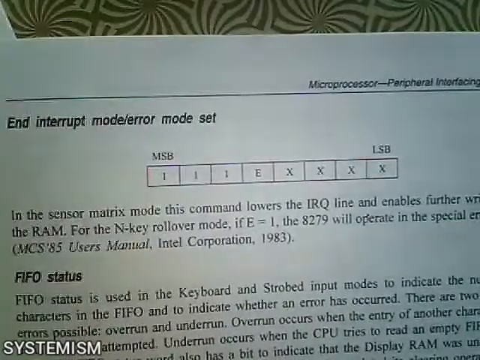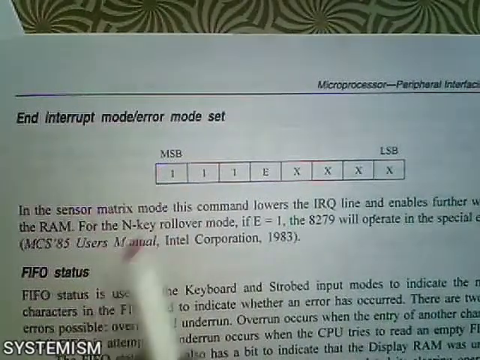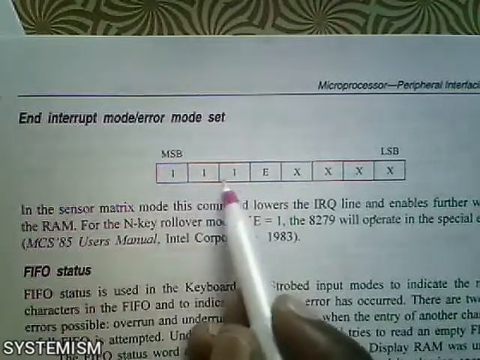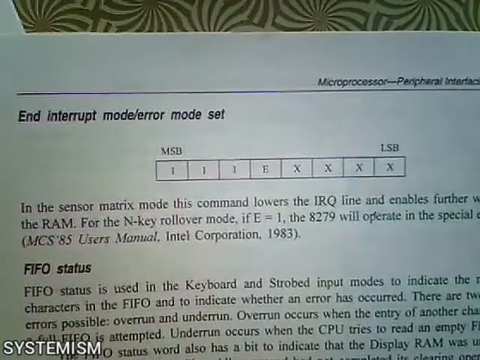The next one is your end interrupt mode or error mode set command word. It is also very easy, 111. If you put 111, then this mode is end interrupt mode or error mode set.